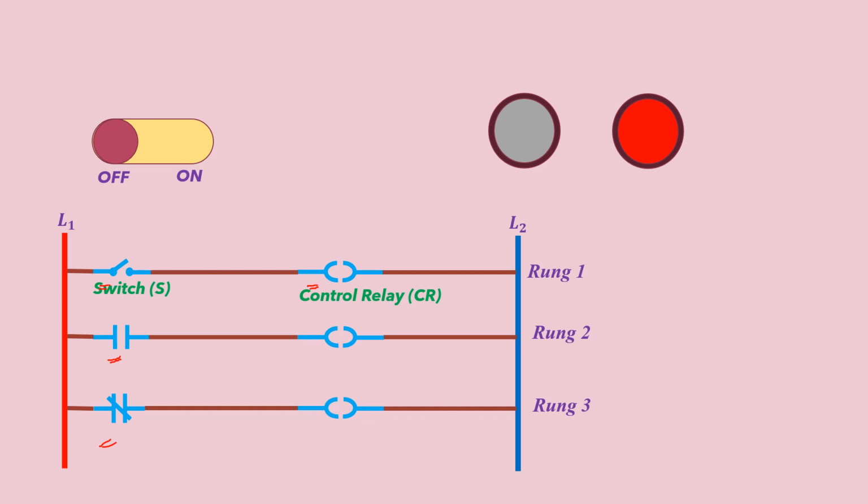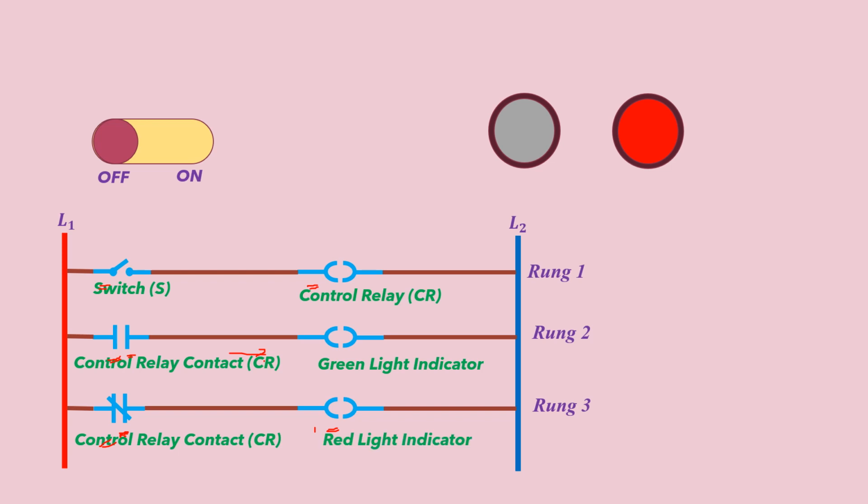When the switch is open, this coil will not get energized, and this contact will be open, so no current will pass through this rung. But since this is a normally closed contact, current will pass through this rung, and the red light will be activated.